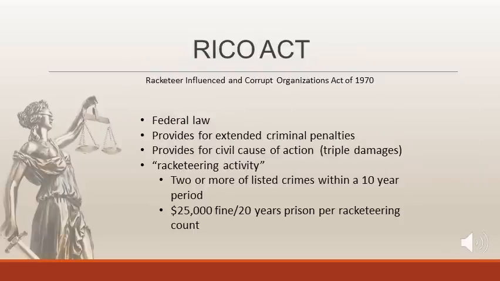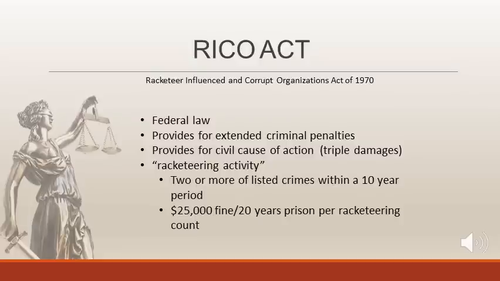The last item that we're going to talk about in this presentation is the RICO Act, the Racketeer Influenced and Corrupt Organization Act of 1970. This is a federal law, and it is designed to go after some of these huge enterprises that are dealing with illegal goods and services, or at least committing illegal acts.